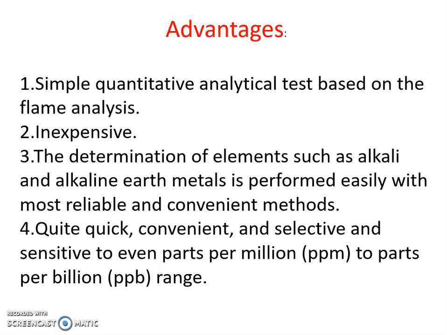What are the advantages of this technique? It is a simple quantitative analytical test based on flame analysis. It is inexpensive. The determination of elements such as alkali and alkaline earth metals is performed easily with the most reliable and convenient method: quick, convenient and selective, and sensitive to even the parts per million to parts per billion range.